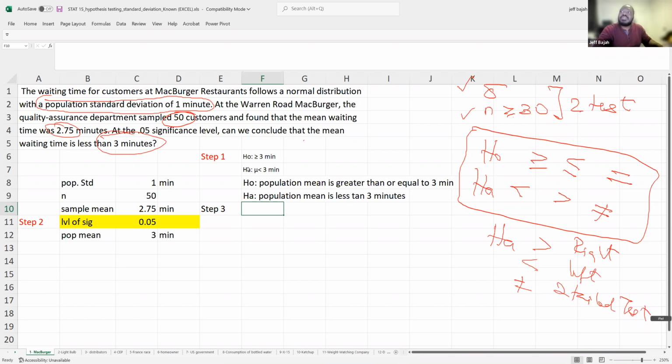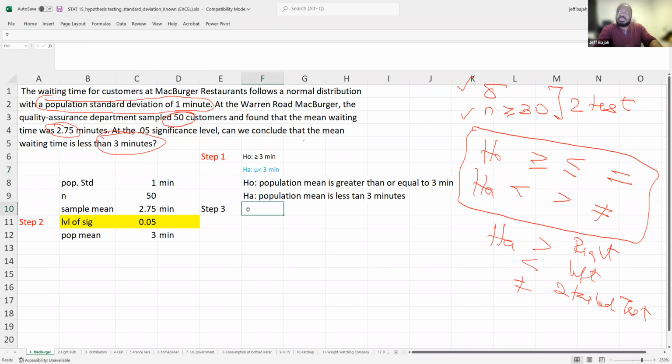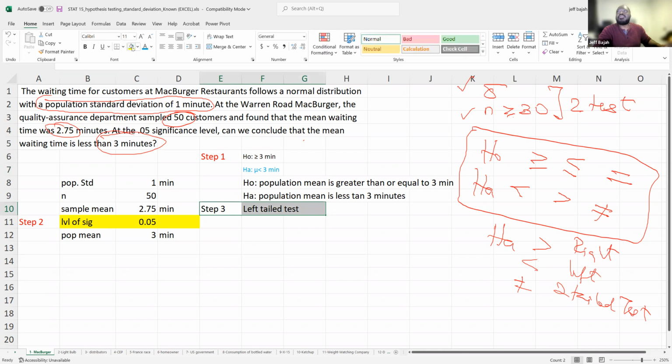If you look at this, H sub A here has a left, right? So it has a left, and because it has a left, it's a less than sign. So it's going to be a left-tailed test. Now, this is important in so many ways in solving our question. So it's very important that we get this step correct, right? All right, so that's step three.